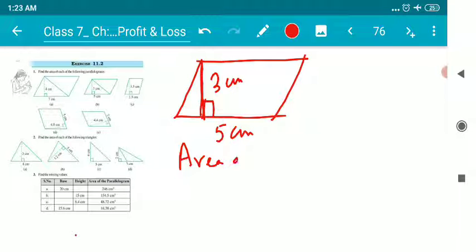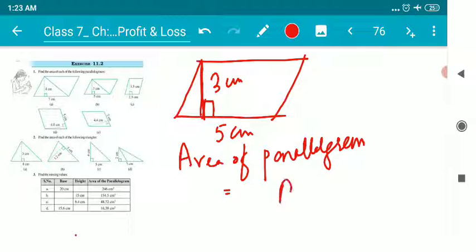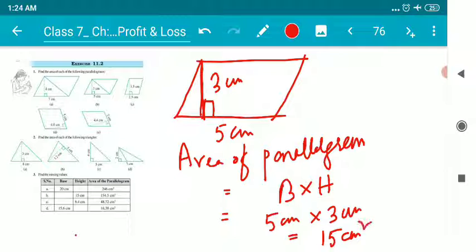The area of the parallelogram is base into height. Here the base is 5 centimeter and height is 3 centimeter. By multiplying base and height, 3 5s are 15 centimeter square. This is our answer.